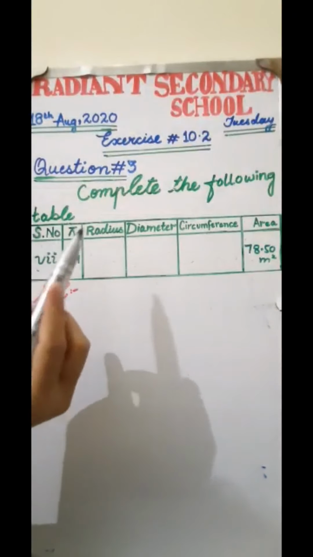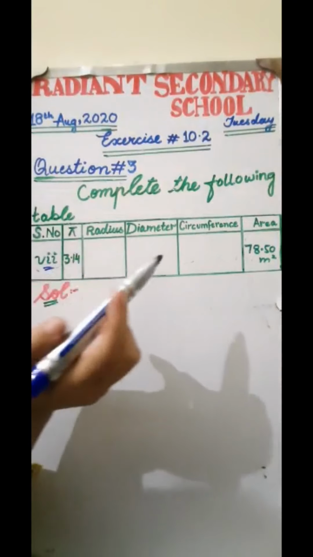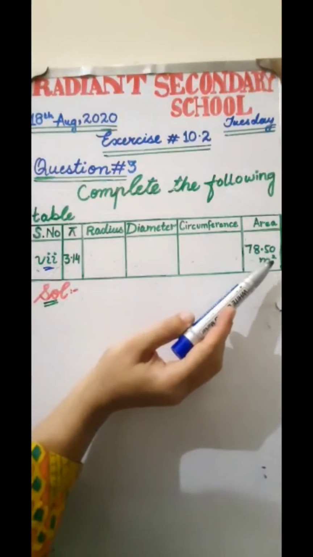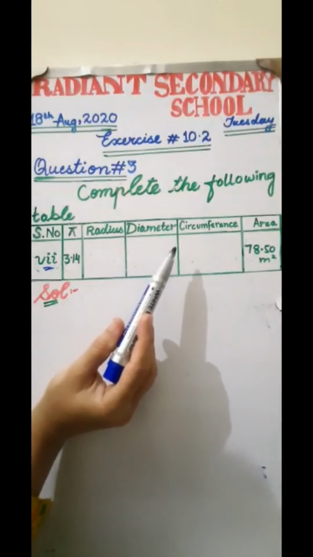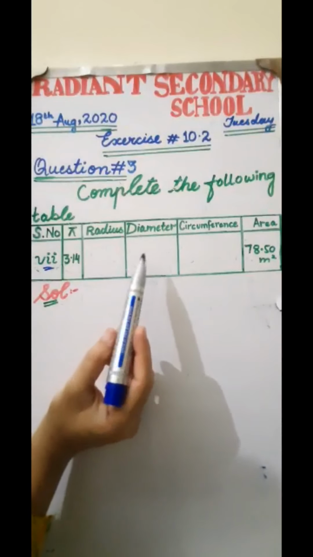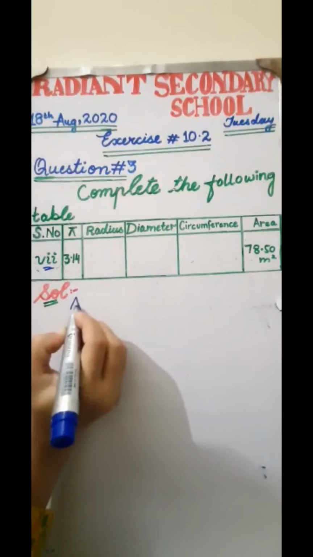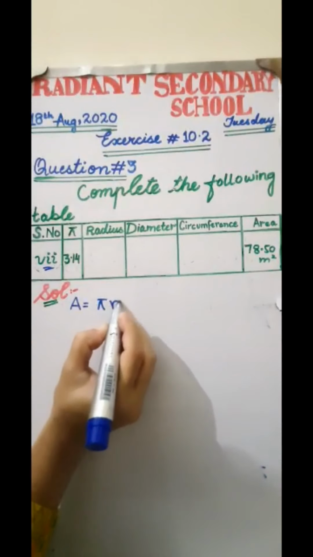Now in 7th part, value of pi is 3.14 and only area is given, 78.50 meter square. We have to find radius, diameter and circumference first. Now with the help of area, we will find the radius first. Formula of area is equals to pi r square.